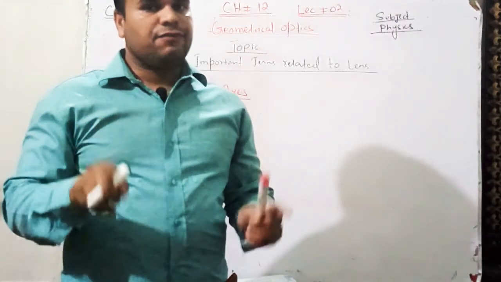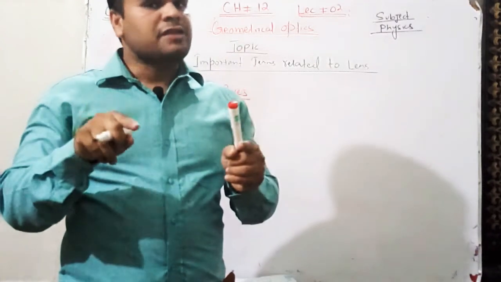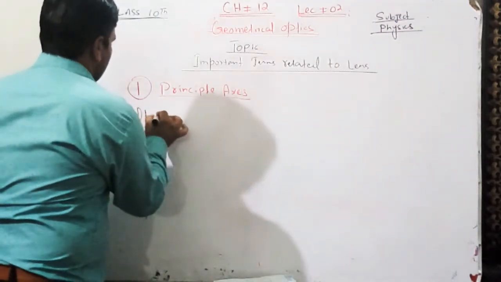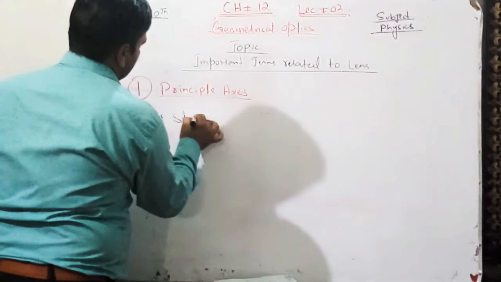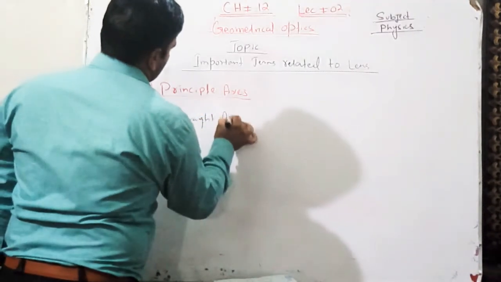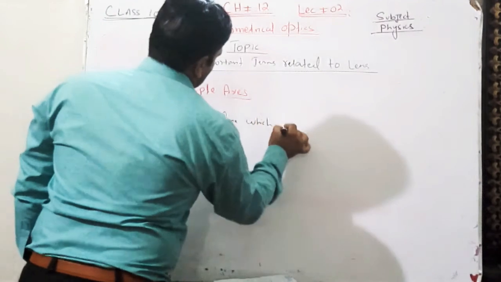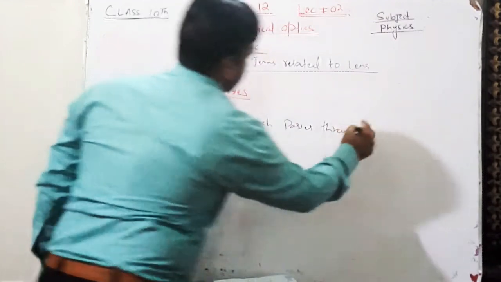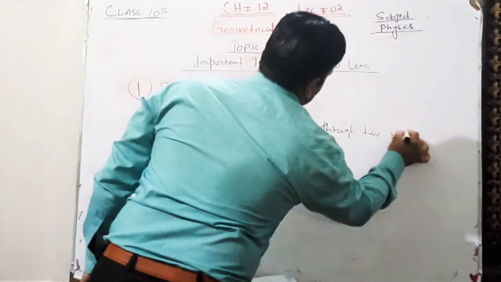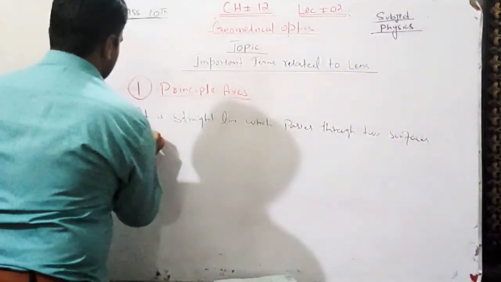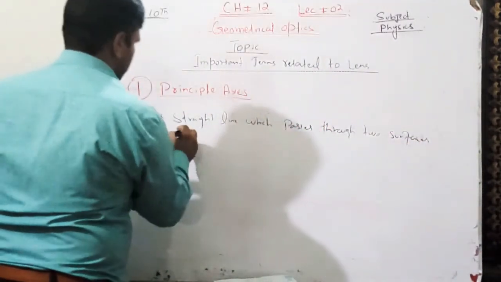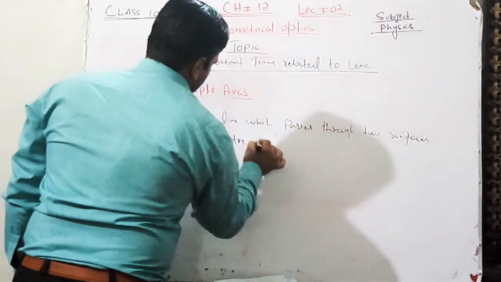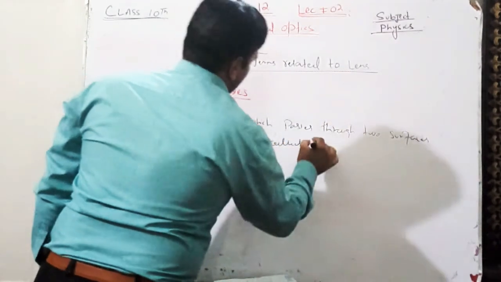It is a straight line which passes through the two surfaces of the lens from the center. It is called principal axis.